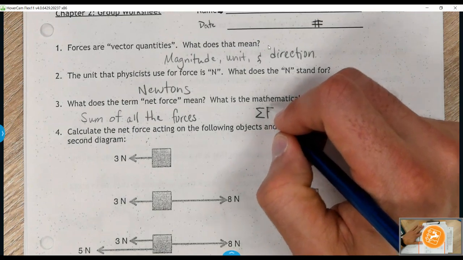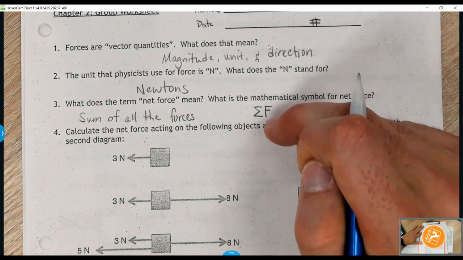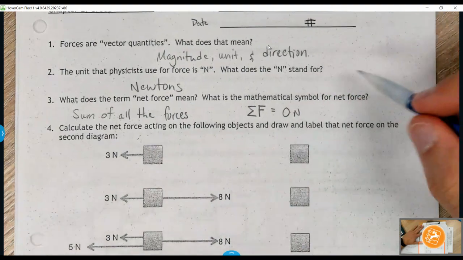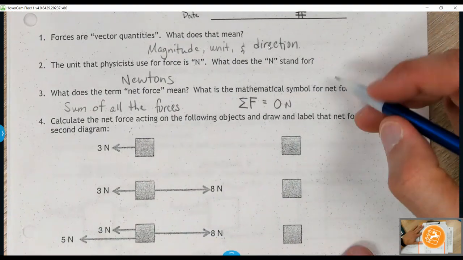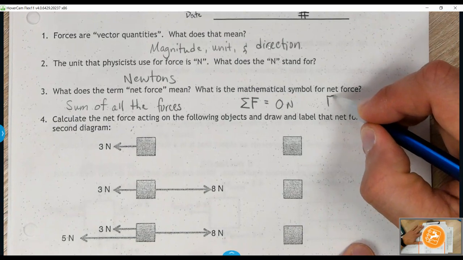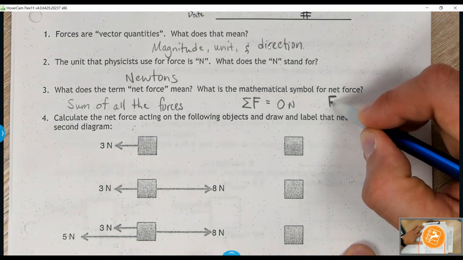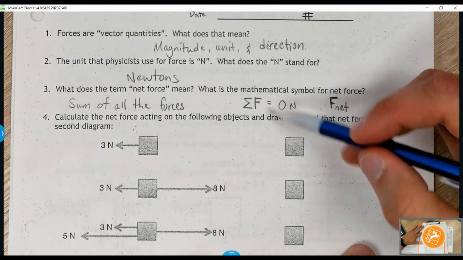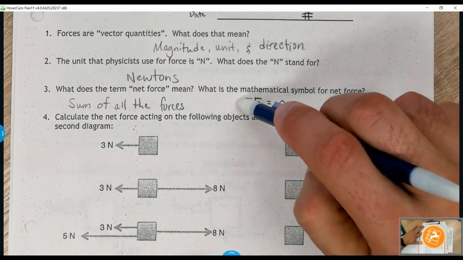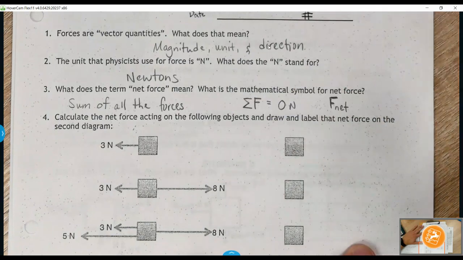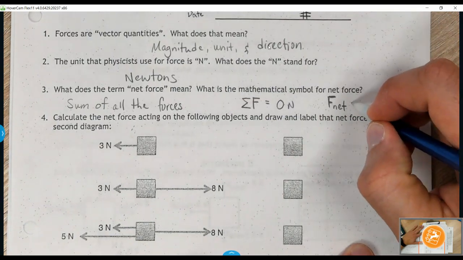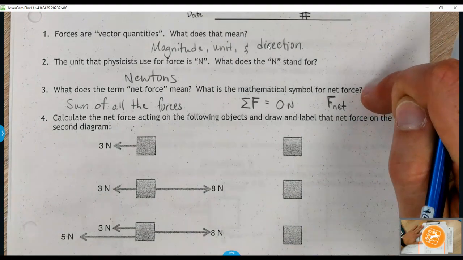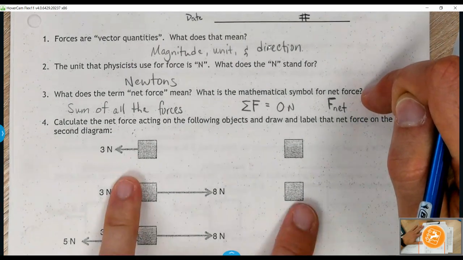We have added a bunch of whatever together. The sum of all the forces is equal to 0 newtons, or the symbol for net force, we would say, is F net, technically. F net equal to 0 would mean there's 0 net force. But we would use more so net force, F subscript net. Okay, we had that right from our notes.